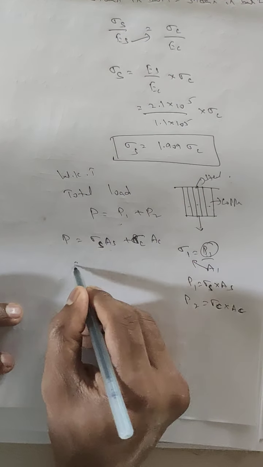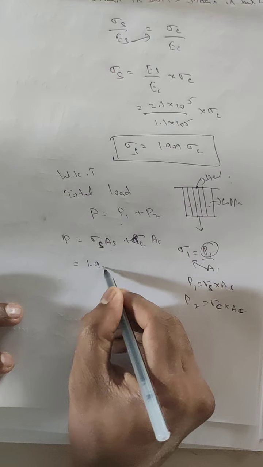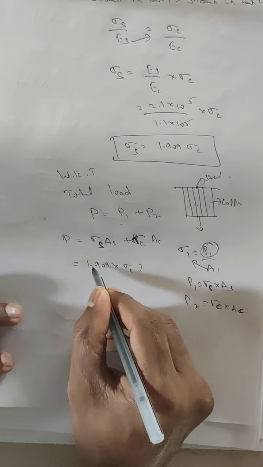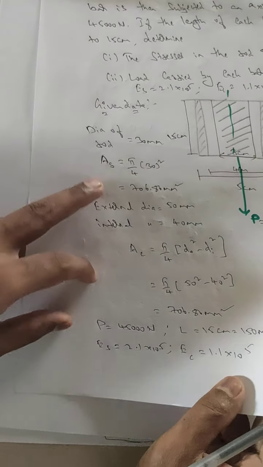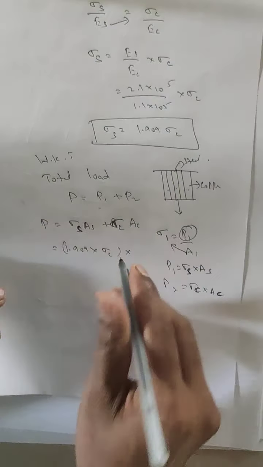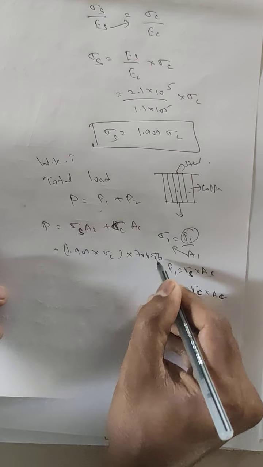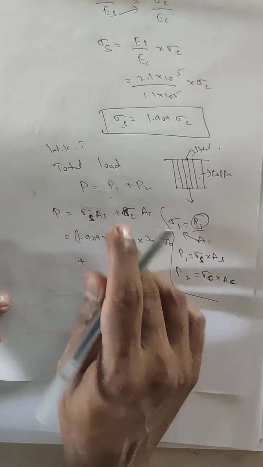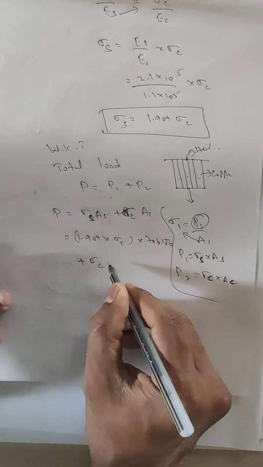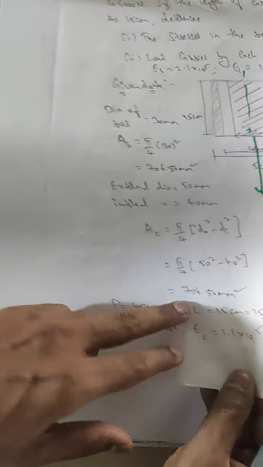So sigma S I'll write as 1.909 into sigma C into its area. Area of steel we have calculated, area of steel is 706.86, plus sigma C only into area of copper. Area of copper is 706.86.